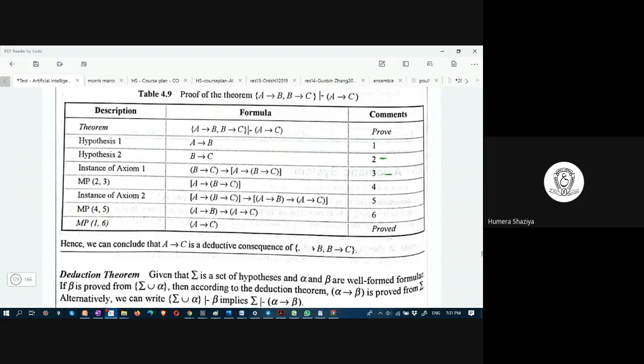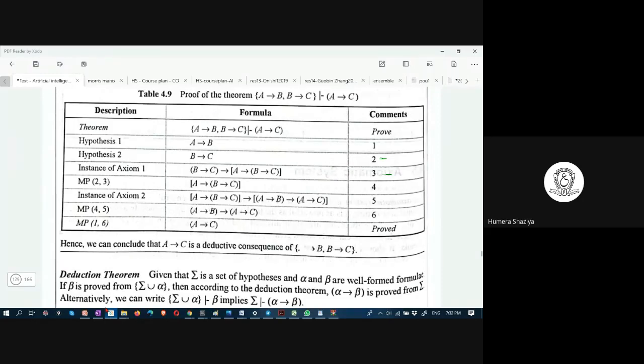Beta: A implies B implies C, A implies B implies C. This is alpha. When you consider this statement as alpha, then what is obtained in the modus ponens rule? You obtain only the beta, which is the consequent. And what are hypotheses? These two statements are hypotheses. This is alpha, this is alpha implies beta. You obtain beta.